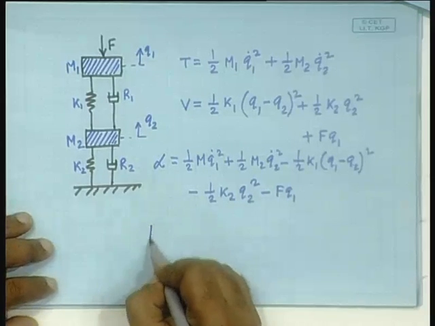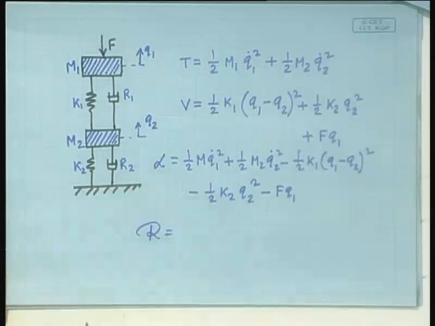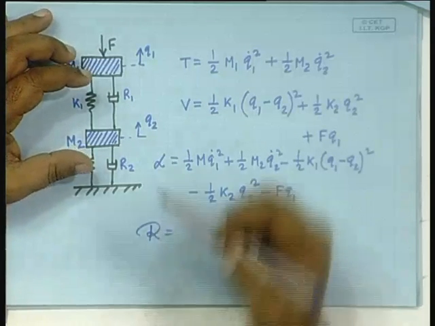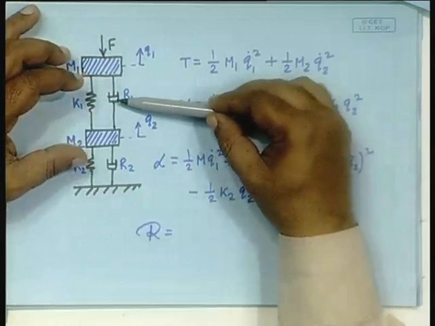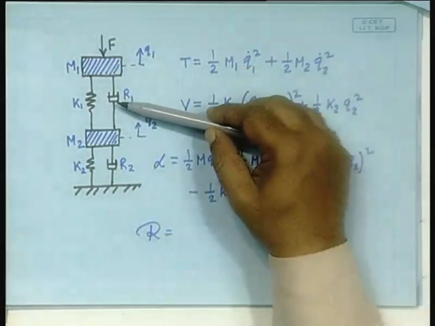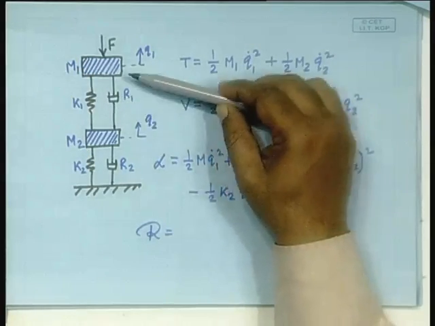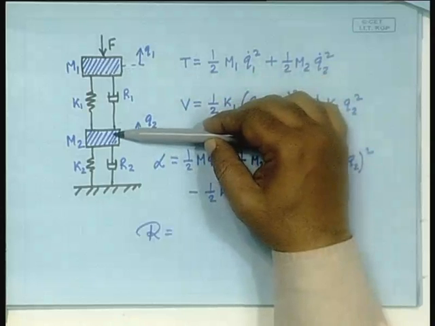Okay, now the Rayleigh function, it will be, what is the relative velocity experienced by this r? It is q1 dot minus q2 dot.